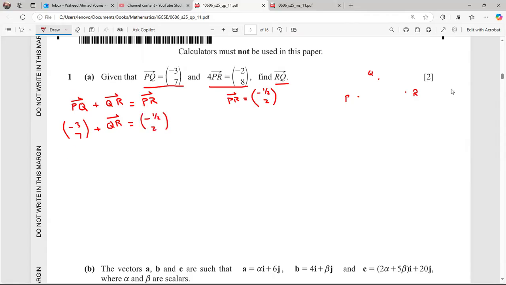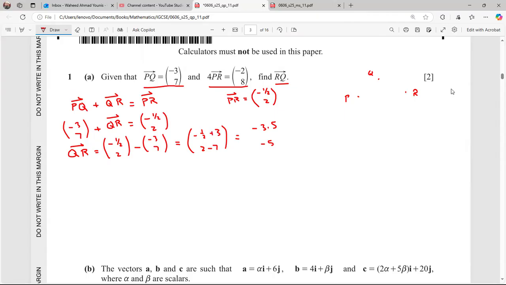And from here you can see this QR vector is -1/2, 2, minus -3 and 7. So it will become -1/2 minus -3, and 2 minus 7. So it would be -3.5 and -5. Am I doing it right? Oh no, this is going to be plus here.